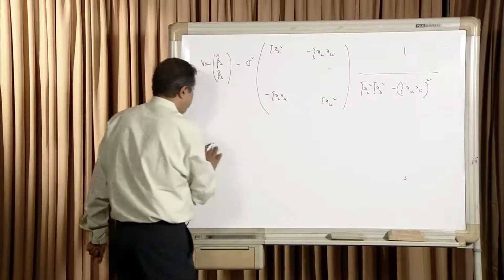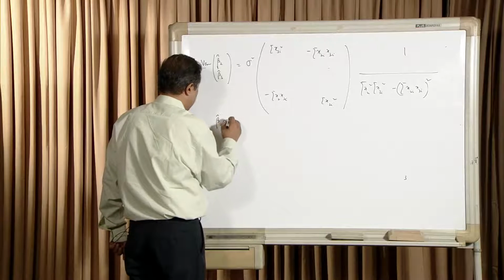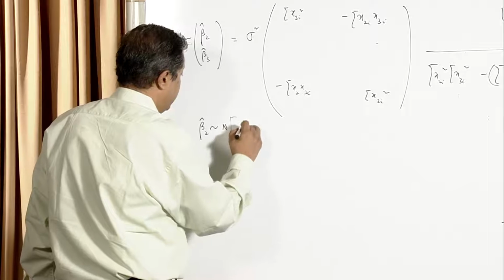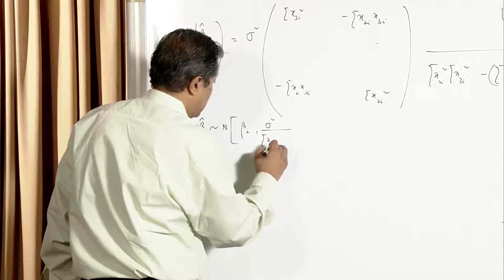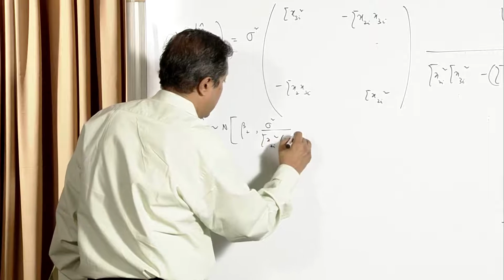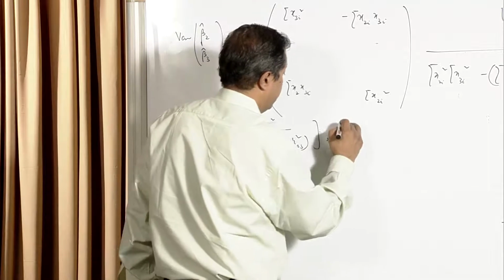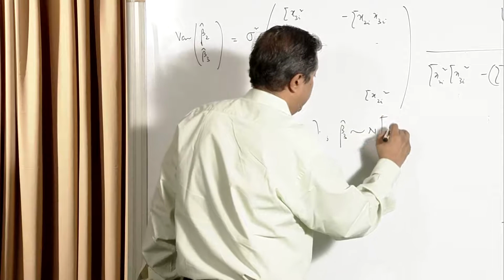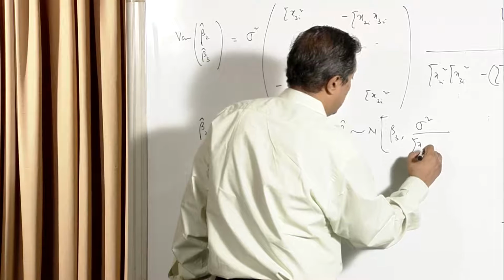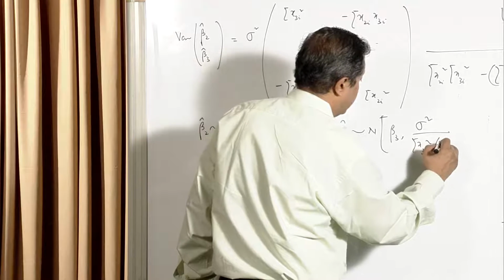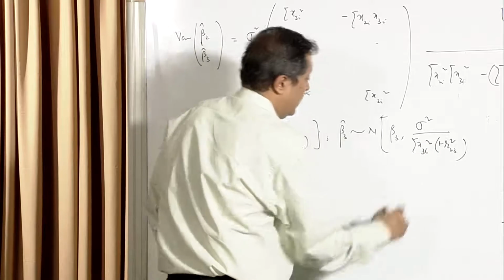And therefore, we write that beta 2 hat follows a normal with mean beta 2 and variance sigma square divided by pure x2i square, 1 minus r square 2 3. Similarly, beta 3 hat follows a normal with mean beta 3 and variance sigma square divided by pure x3i square, that is a very useful term.